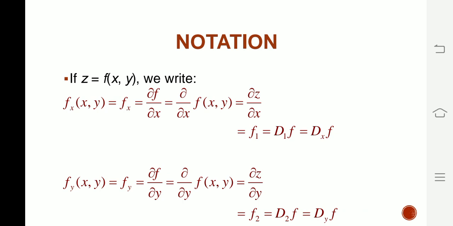If we have to take the partial derivative with respect to y, we write it as fy of x y is equal to fy or del f by del y or del z by del y or Dy f. Okay, these are the notations for the partial derivative.